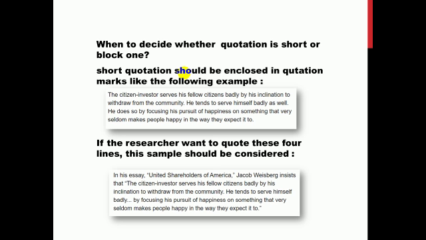Now, if you are following APA style of writing research papers, and I prefer APA style, and you will be followed by a lecture specialized in explaining APA style, inshallah, a short quotation should be enclosed in quotation marks like the following example. You will see that this passage is going to be quoted, and this is the result of quoting from this passage.